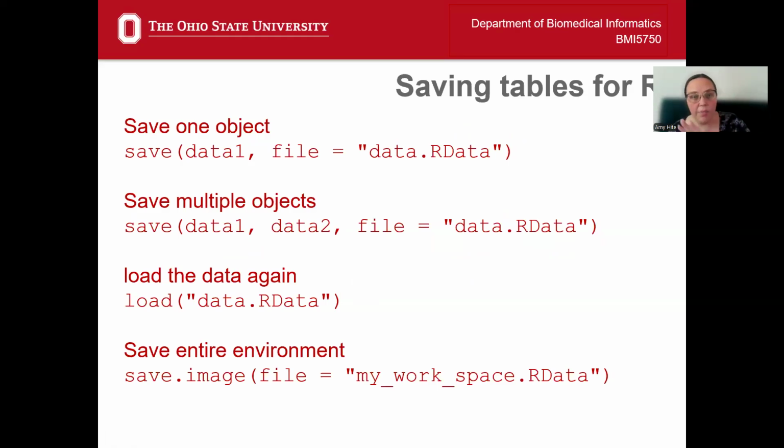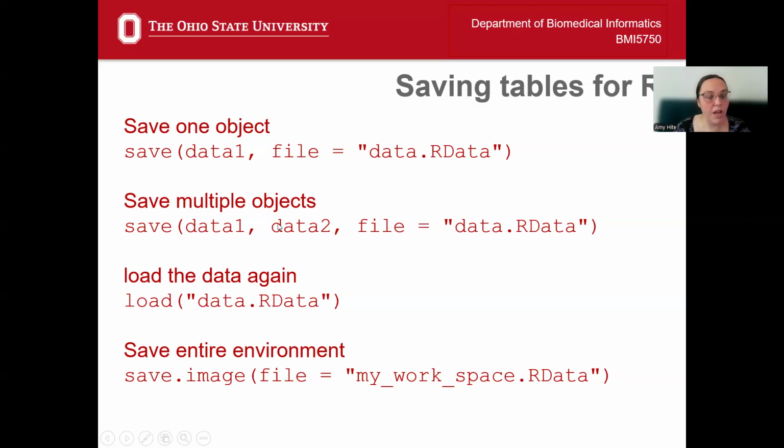Okay, another option is to save an object, multiple objects, or your entire environment to an .RData object. This is the R saved object file type. I don't know, there's probably a better way to say that, but this is a format of exported data that is formatted for R. Here we have examples where you can save one object, just our data one table.